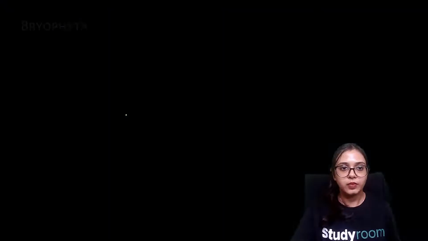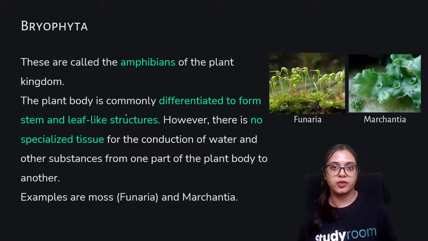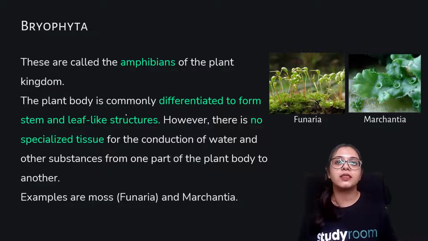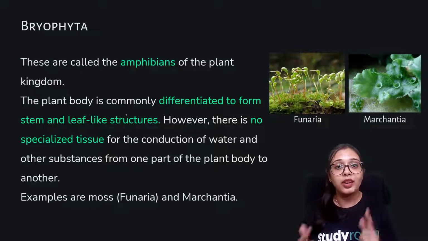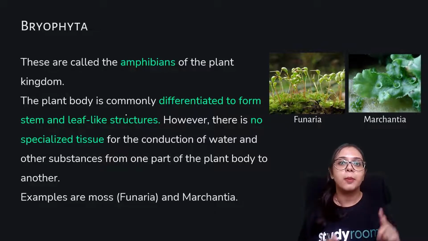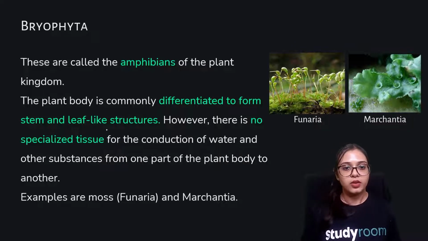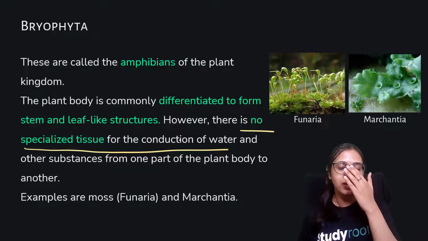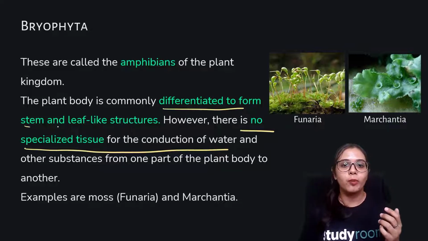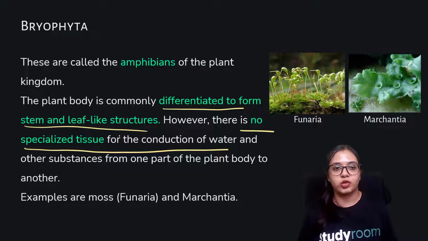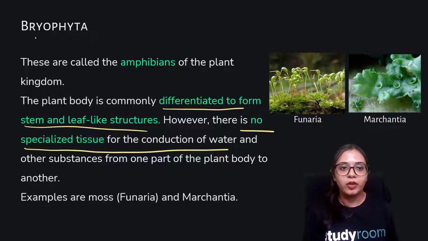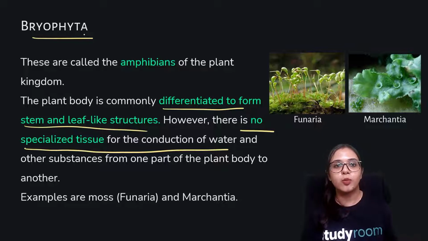Now you come to Bryophyta. You remember Bryophyta are plants that are differentiated into distinct body parts but do not have vascular bundle. So there is no specialized tissue for conduction of water, but these are differentiated to form stem and leaf-like structures. And just like Thallophyta is known as algae, Bryophyta is commonly called the amphibians of the plant kingdom.